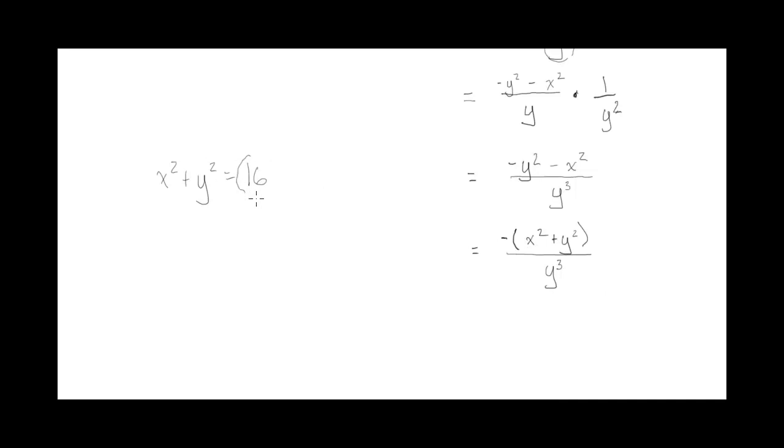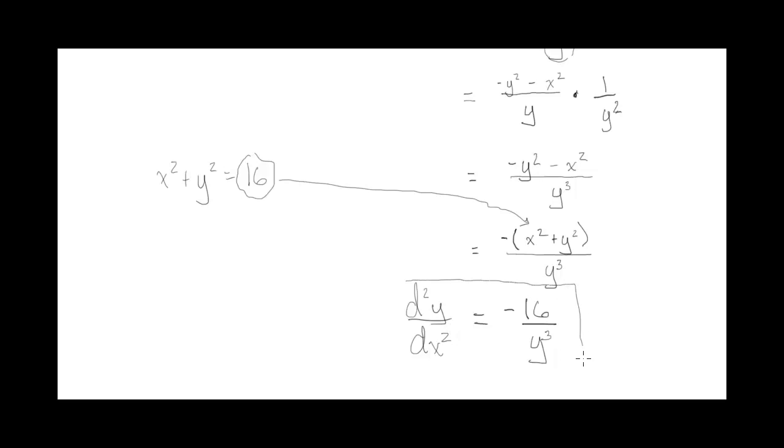So I'm just going to take the 16 and substitute it for x squared plus y squared. So this is equal to negative 16 over y cubed. That's d squared y dx squared.